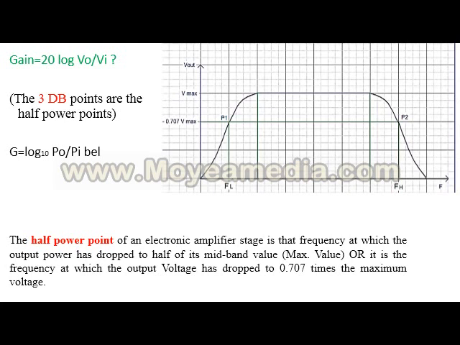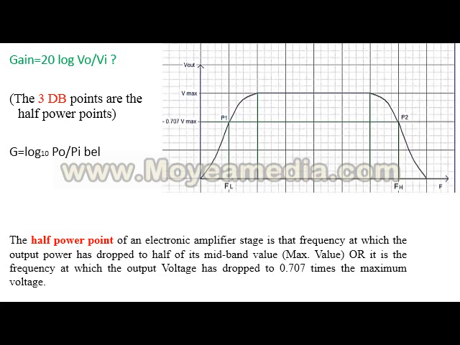We have already discussed that the 3 dB points are the half power points. Now we know that the gain is the ratio of output to input. So we need to clarify the concept of the 3 dB point.